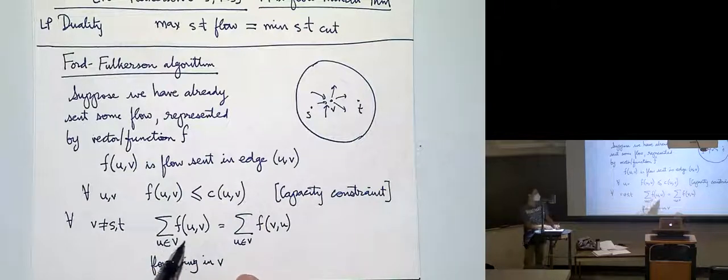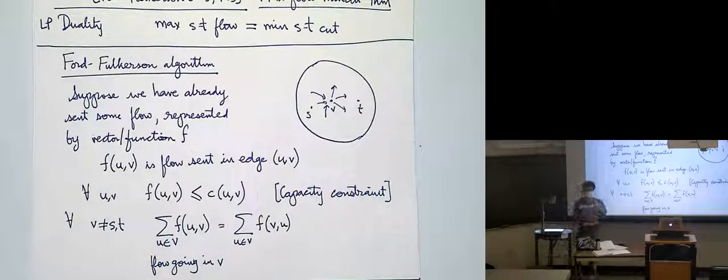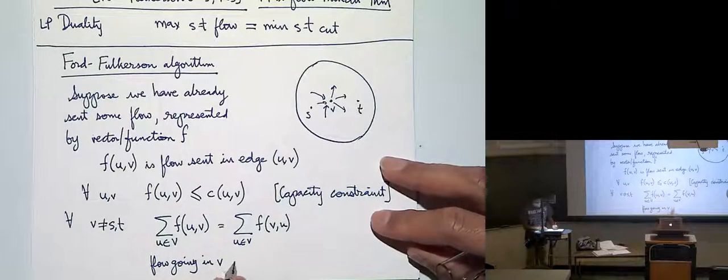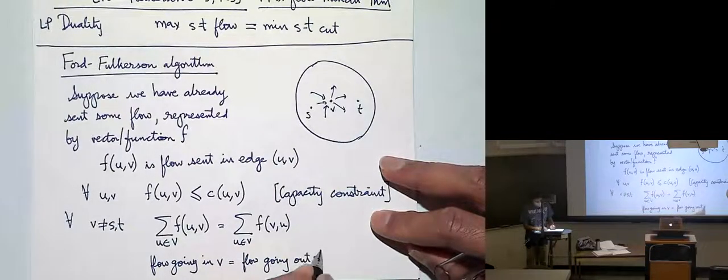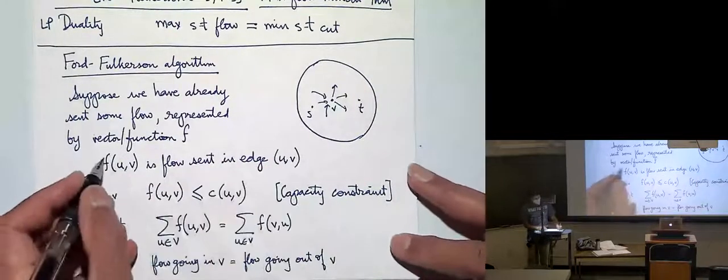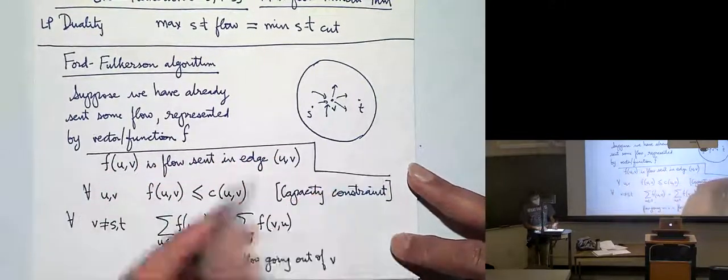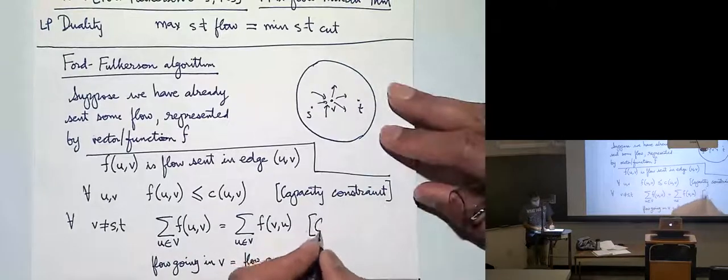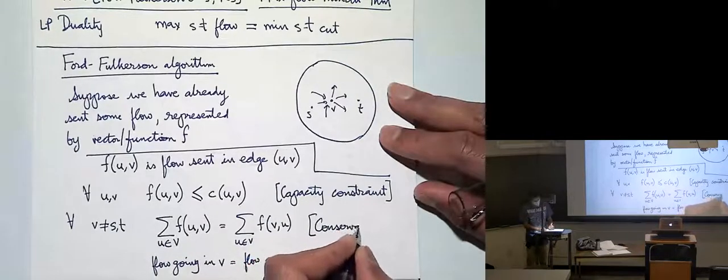In general, you'll never have a situation where a vertex sends flow to some neighbor and the neighbor sends it back, because there's no point in sending flow back. This is equal to the flow going out of v. So this is called the conservation constraint.